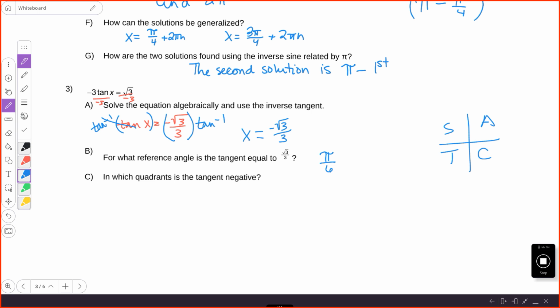And I want to know where is tangent negative. So it would just be 2 and 4. All right, so that means I need the pi over 6s that are in quadrant 2 and in quadrant 4.